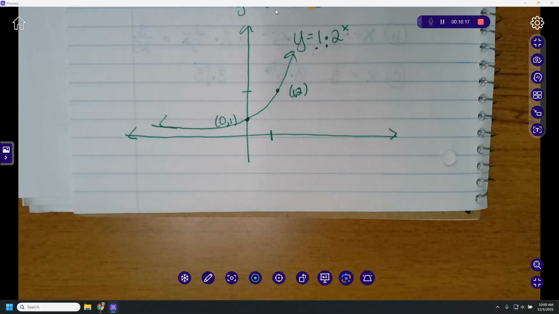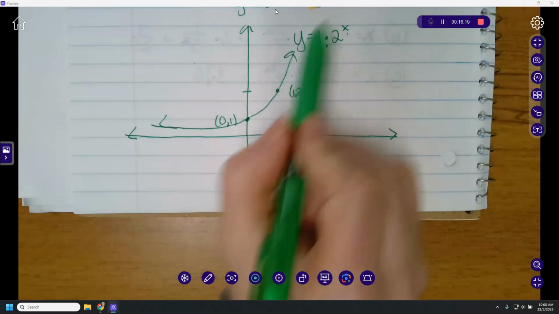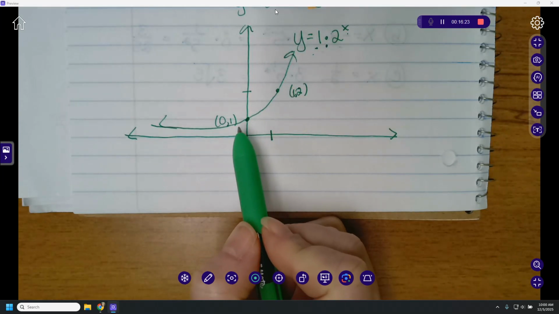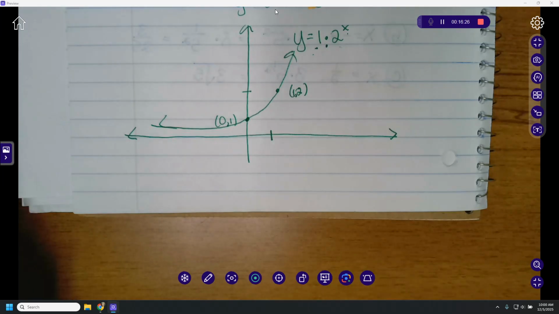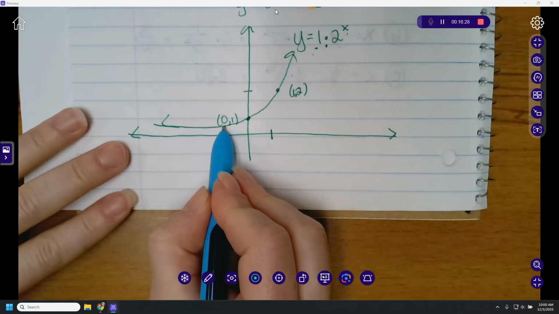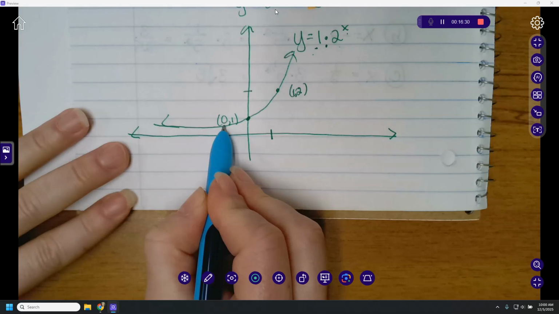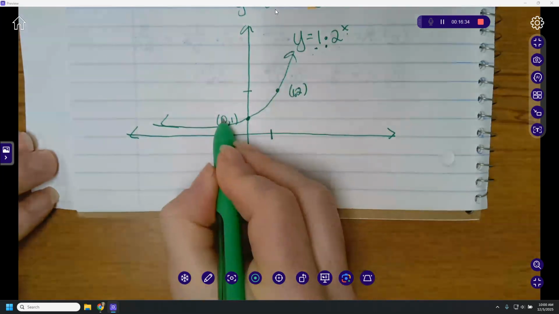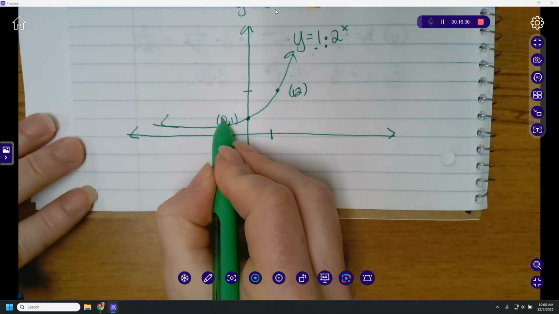How would I move it left 1 and down 5? You'd literally take your 2 points and move them left 1, down 5. If you move this point left 1, down 5, where would it go? Left 1, down 5 would go to -1, right?